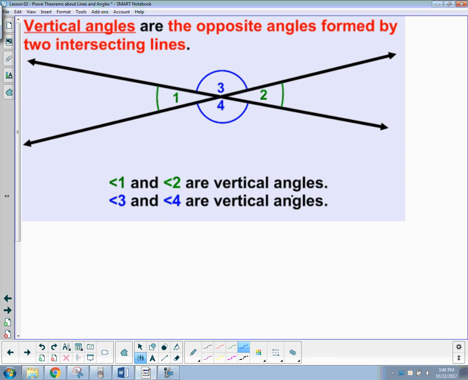Something else to keep in mind, they are going to be congruent to each other. 1 is congruent to 2, and remember, congruent means equal to, okay? So, congruent means equal to. 1 is equal to 2. 3 is equal to 4 because of vertical angles. You need to start getting this vocabulary down because you're going to be using this when we get into proofs more, okay?